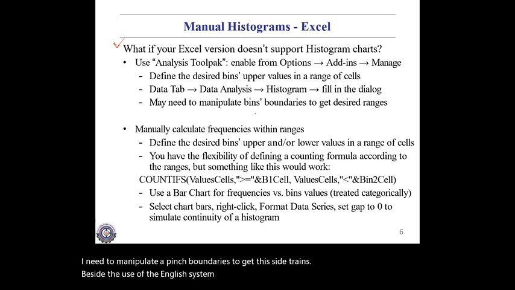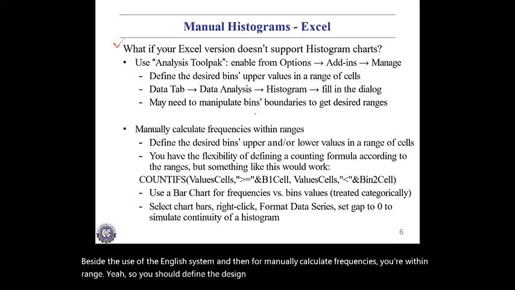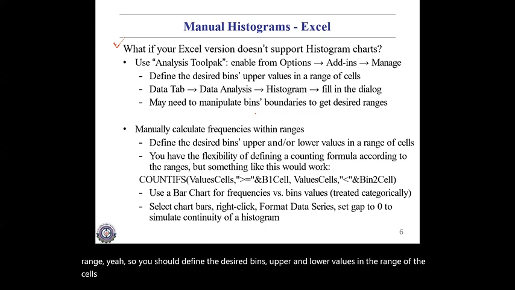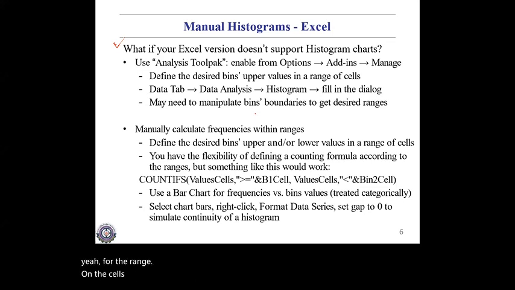And then to manually calculate frequencies within a range, you should define the desired bins' upper and lower values in a range of cells. You have the flexibility of defining a counting formula according to the ranges.